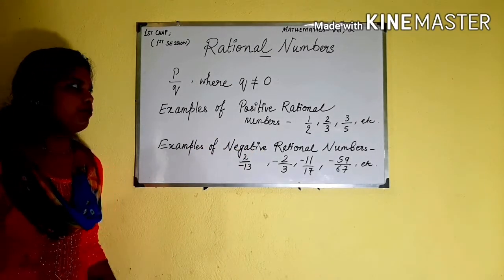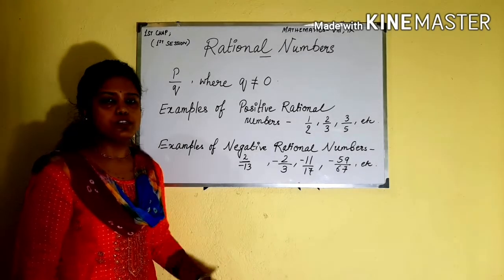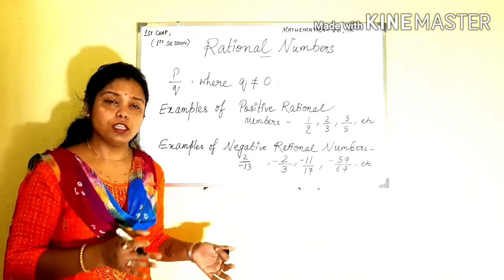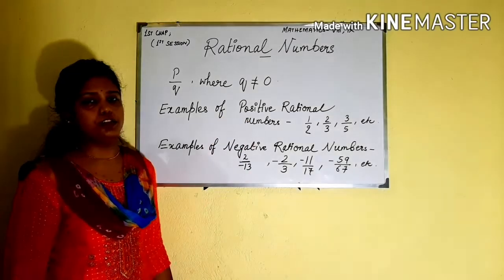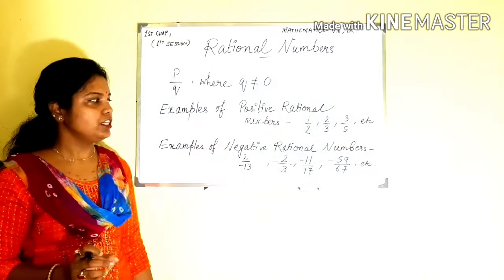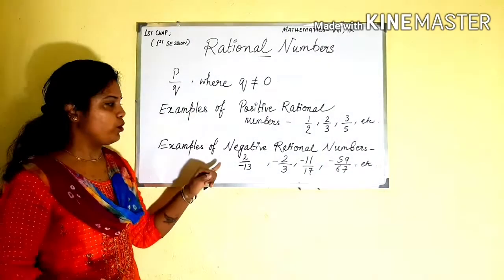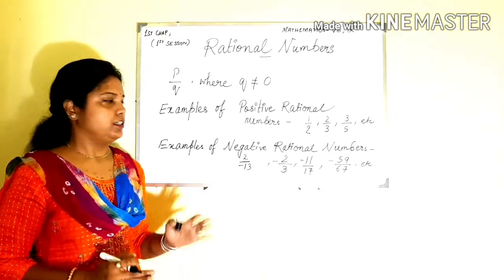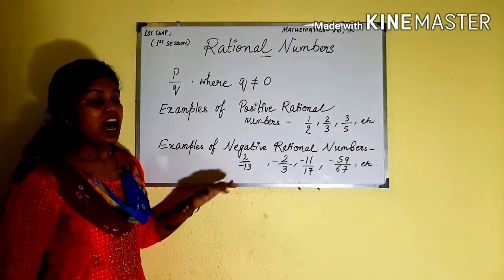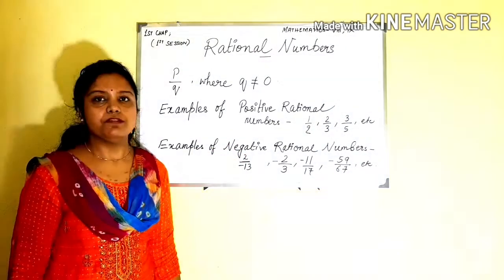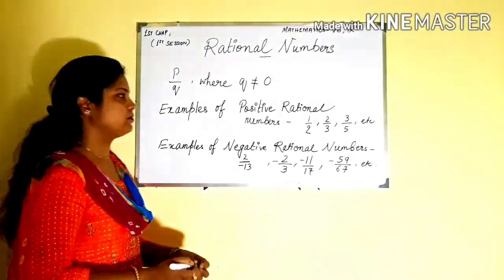Let me repeat this part once more. If both the numerator and the denominator are positive, those rational numbers are known as positive rational numbers. And for rational numbers where either the numerator or the denominator is negative, we call them negative rational numbers.